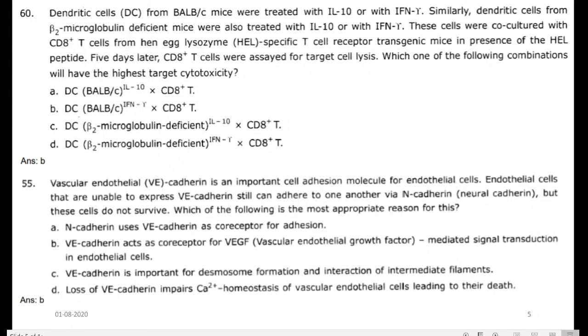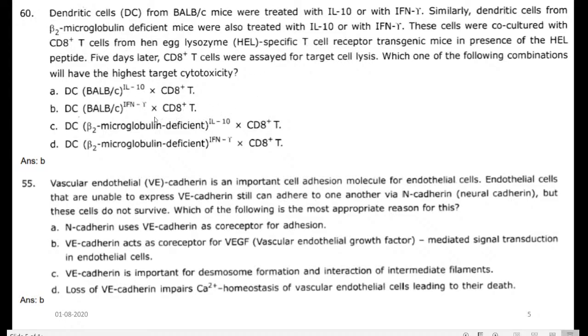In this case, the cells having the highest toxicity are dendritic cells derived from BALB/c, and those cells are already treated with interferon gamma and additionally co-cultured with the CD8 plus cells.